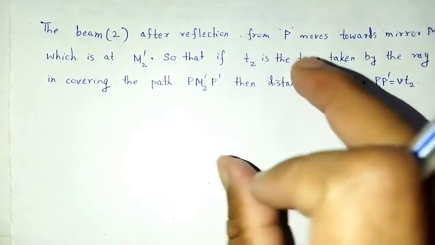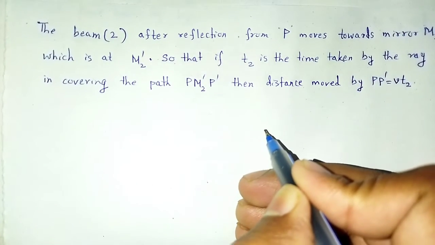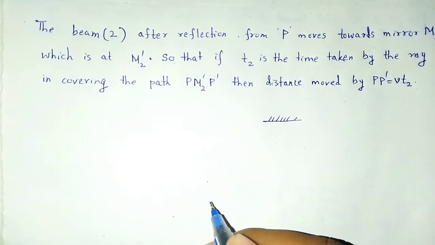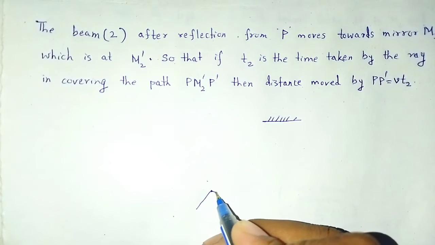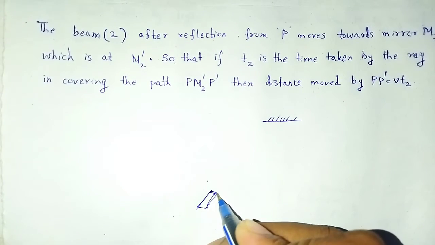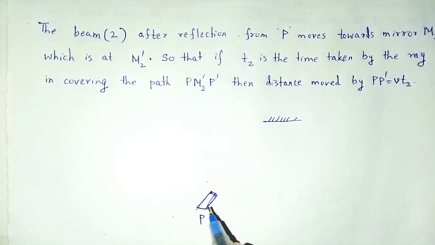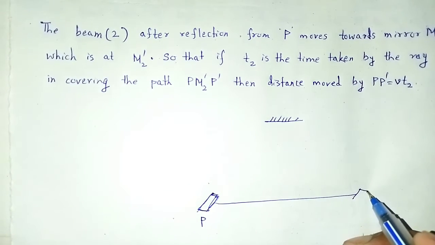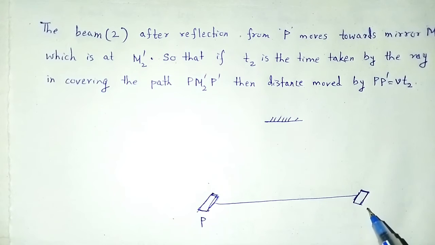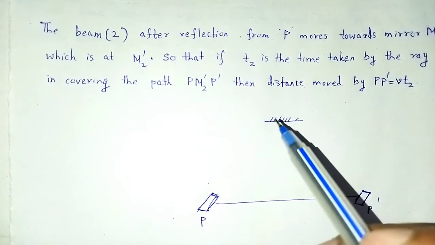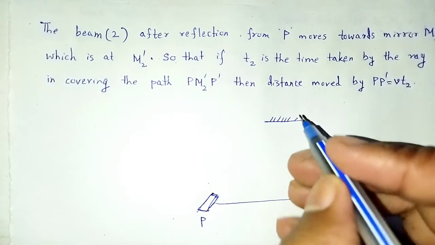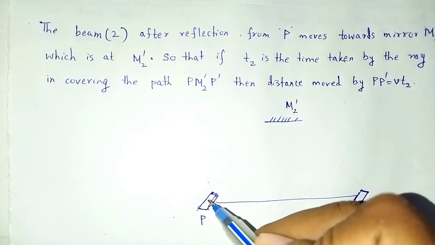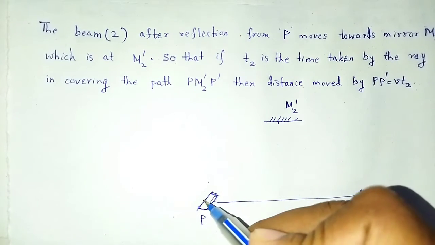Look here how these act. Here is the P. After some time it will be at P dash, then that mirror M2 changes its position to M2 dash, joining these.